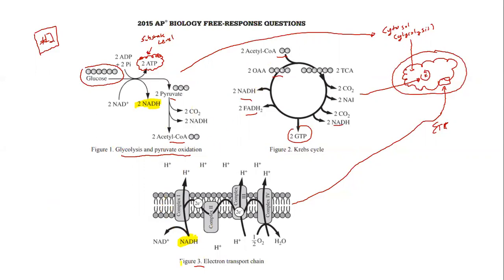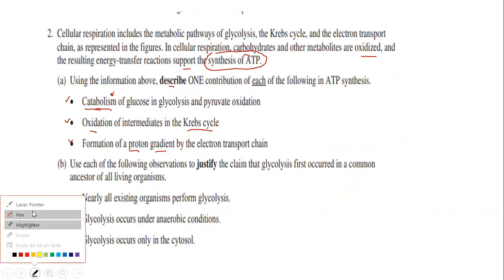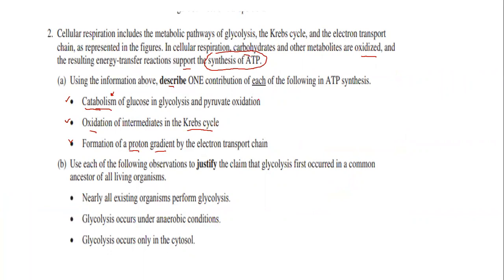So if you're thinking of how you should formulate your response for this one, let's go back here on really what this should look like. So when you're writing your response, I would say using the information, you could have stated one thing. It makes ATP via substrate level phosphorylation.